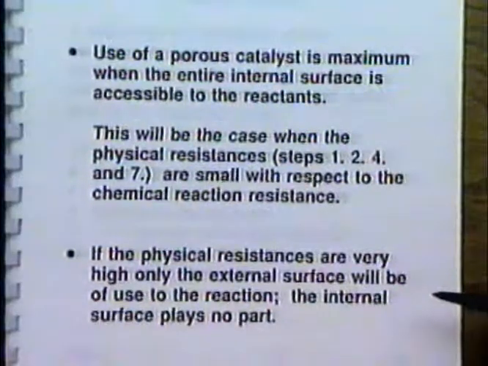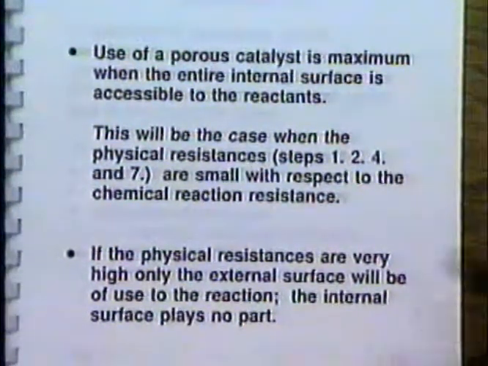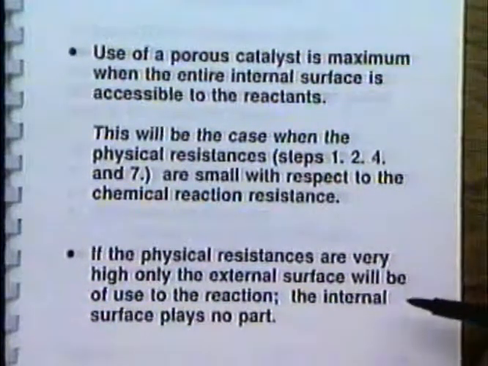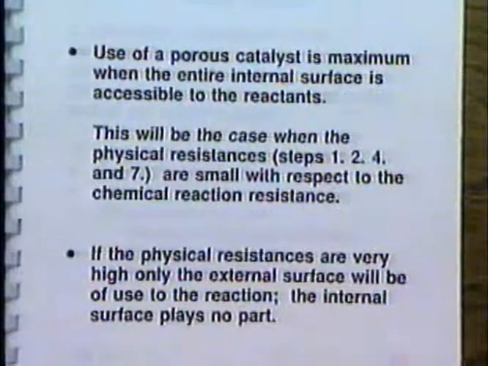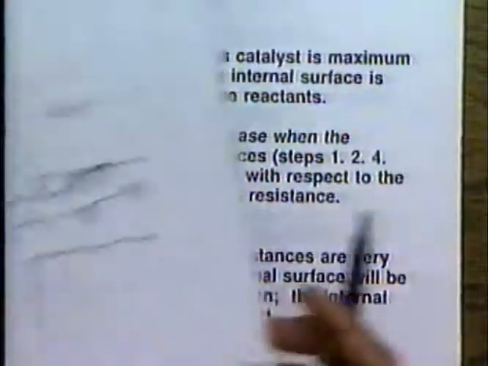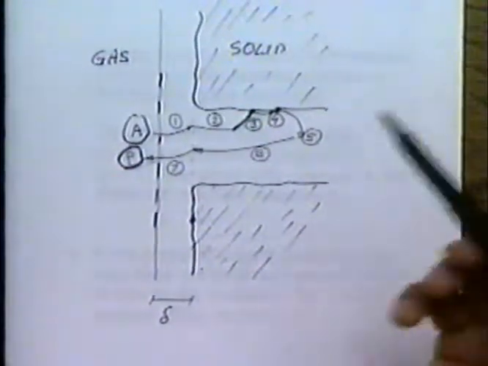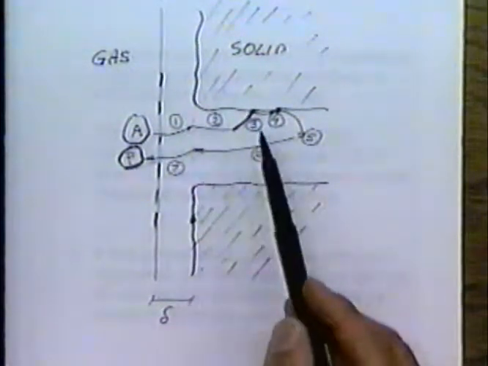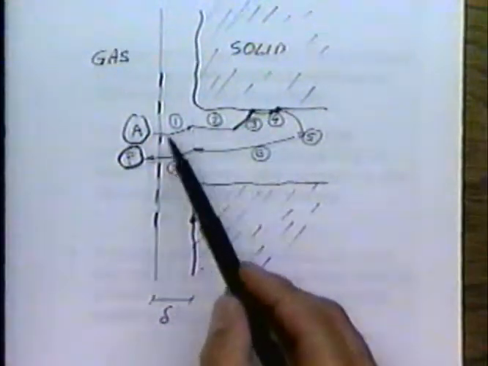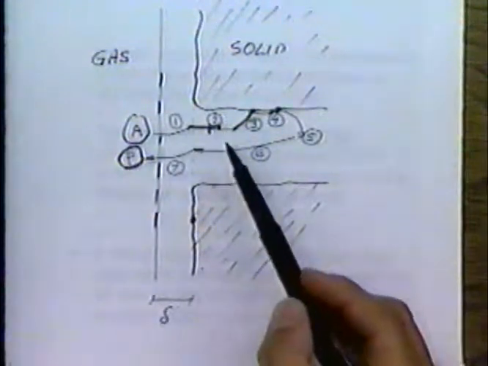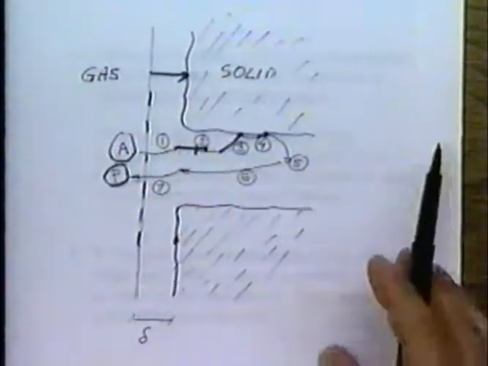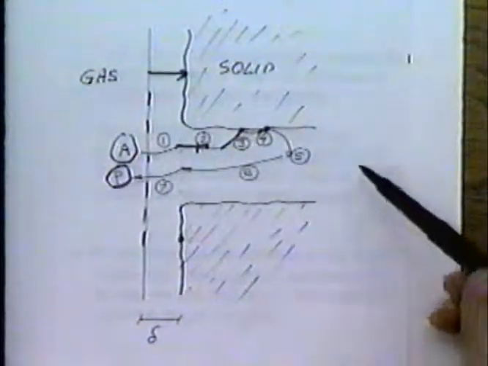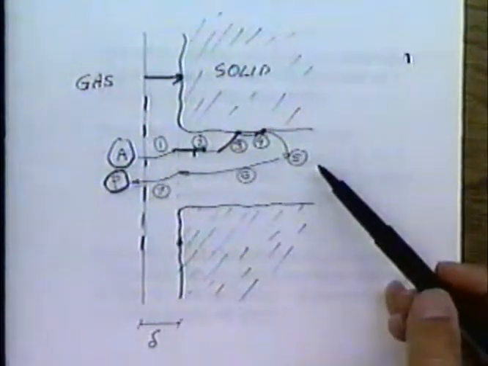If the physical resistances are high, the only surface available for reaction will be the external surface. If we go back to this drawing, we see that if the resistance for mass transfer is high, the reactant A will not reach into the pore. It will only react on the external surface of the catalyst, and we lose all this surface for chemical reaction.